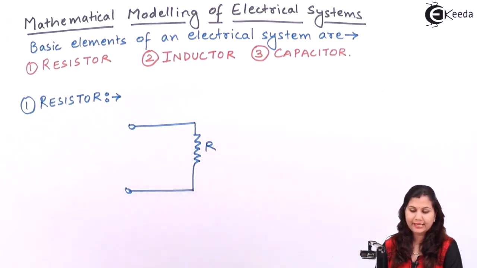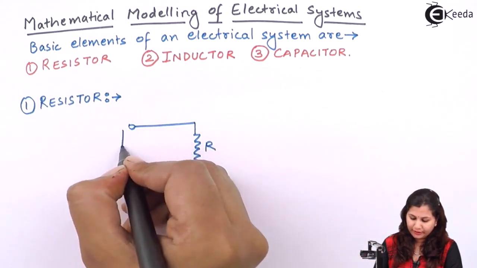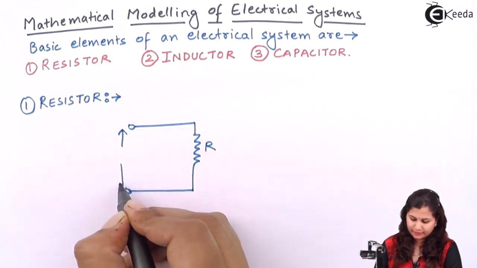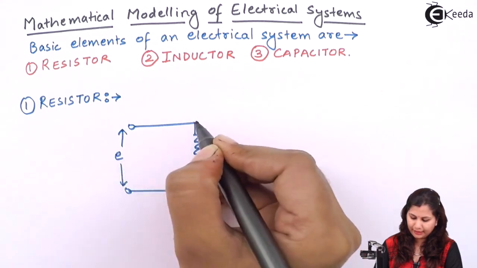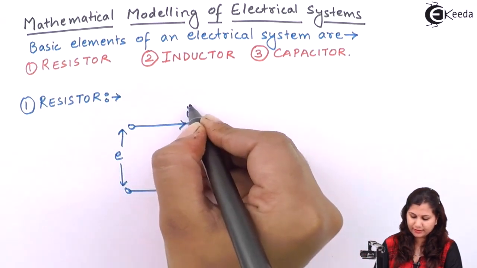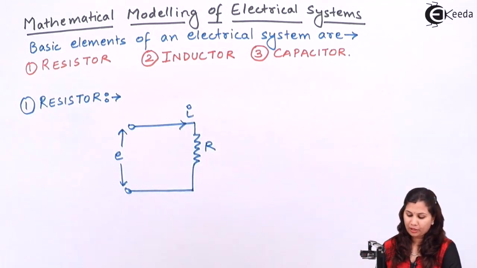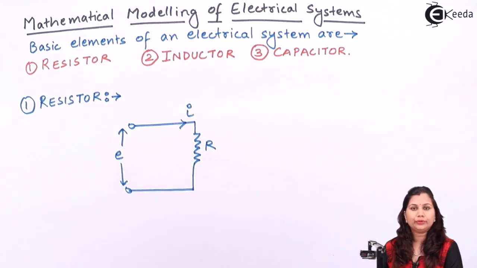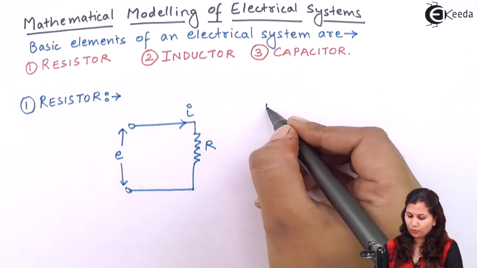This resistor has the resistance R, the voltage applied across this circuit is E, and the current flowing through this resistor is I. The unit of resistance is ohm.